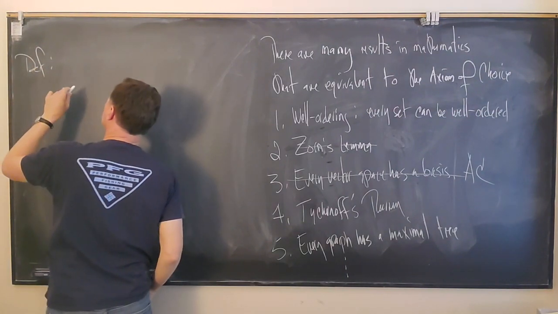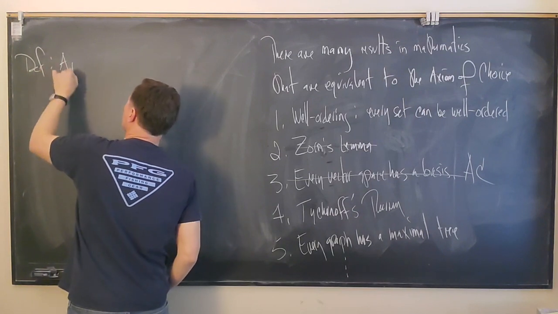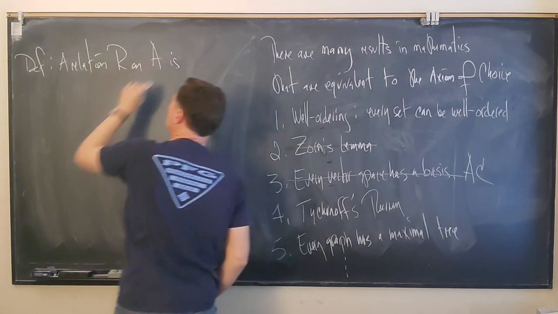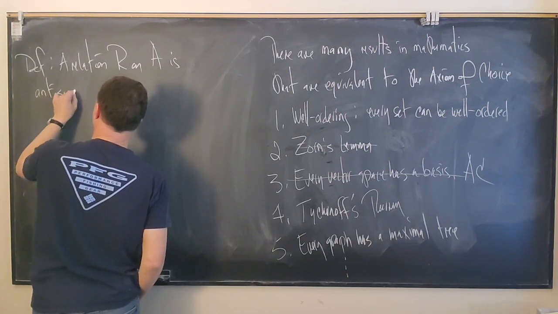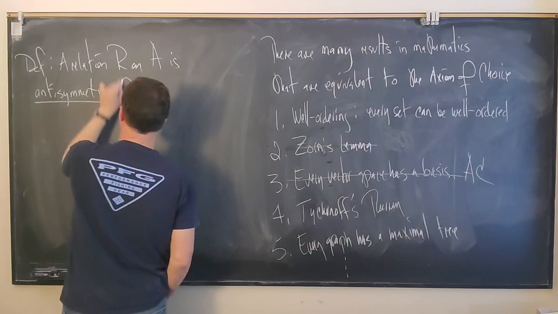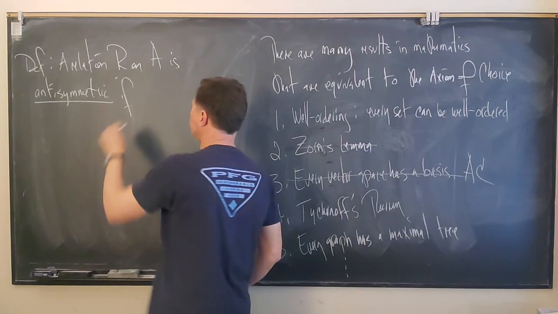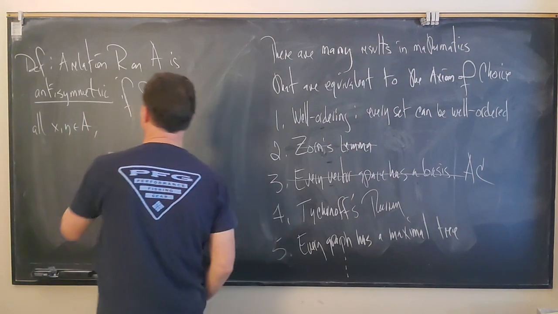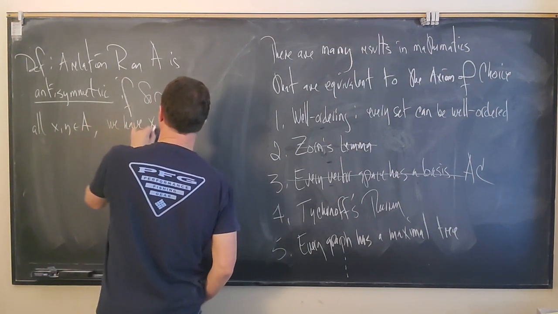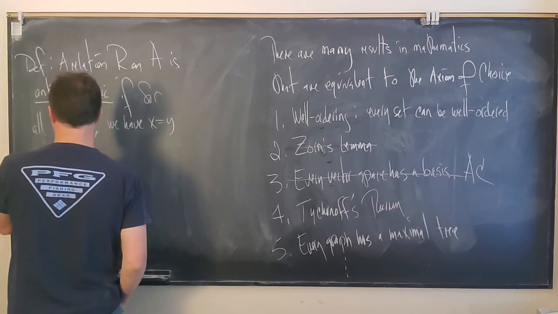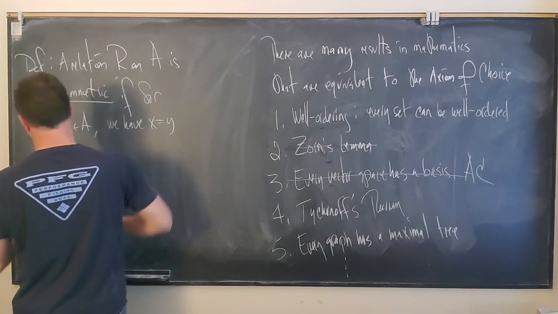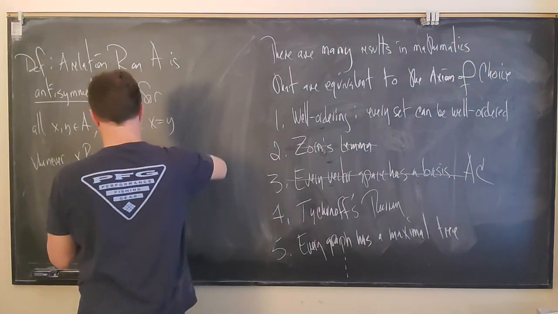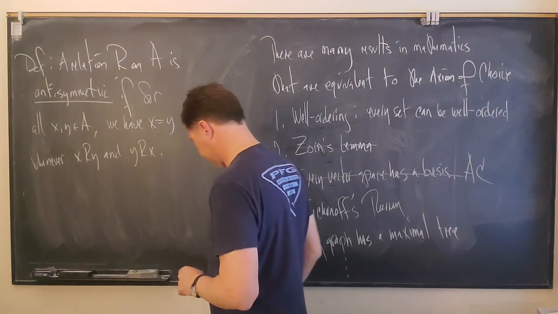Okay, so we need some definitions now. So a relation capital R on some set capital A is antisymmetric if for all X and Y in capital A, we have X equal to Y whenever X is related to Y and Y is related to X. Right?